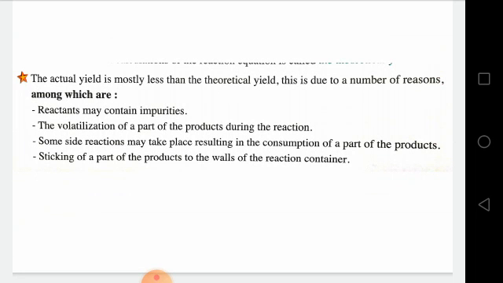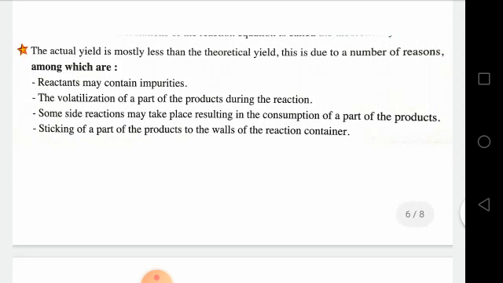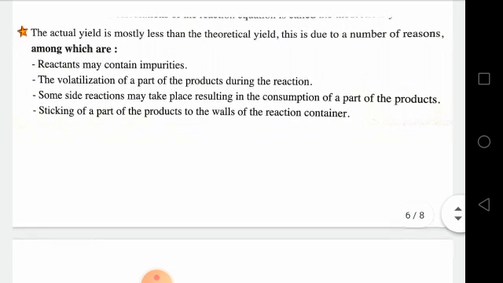For example, reactants may contain impurities. The product may volatilize. Some side reactions may take place, resulting in the consumption of a part of the products. Finally, some product may stick to the walls of the reaction container. All of these reasons may cause a decrease in the actual yield from the calculated one, which is called the theoretical yield.